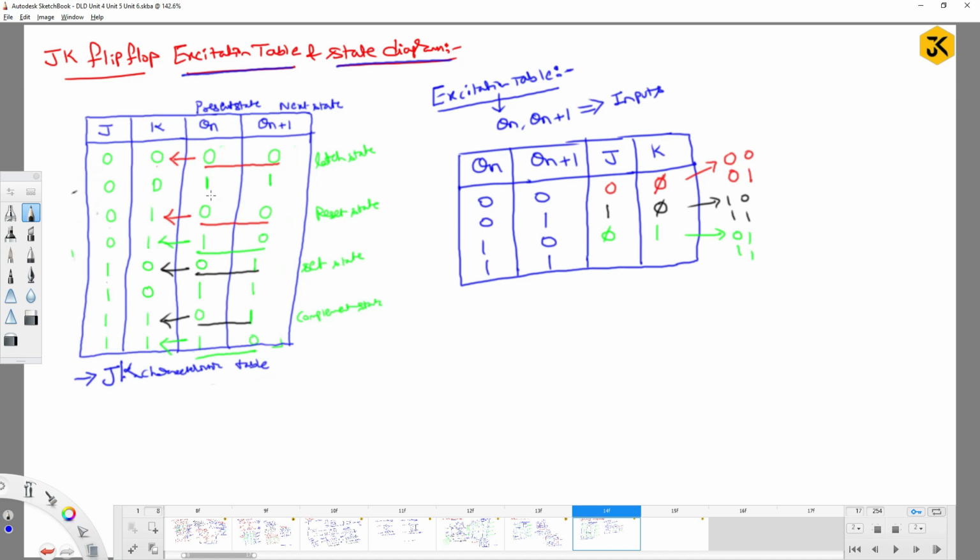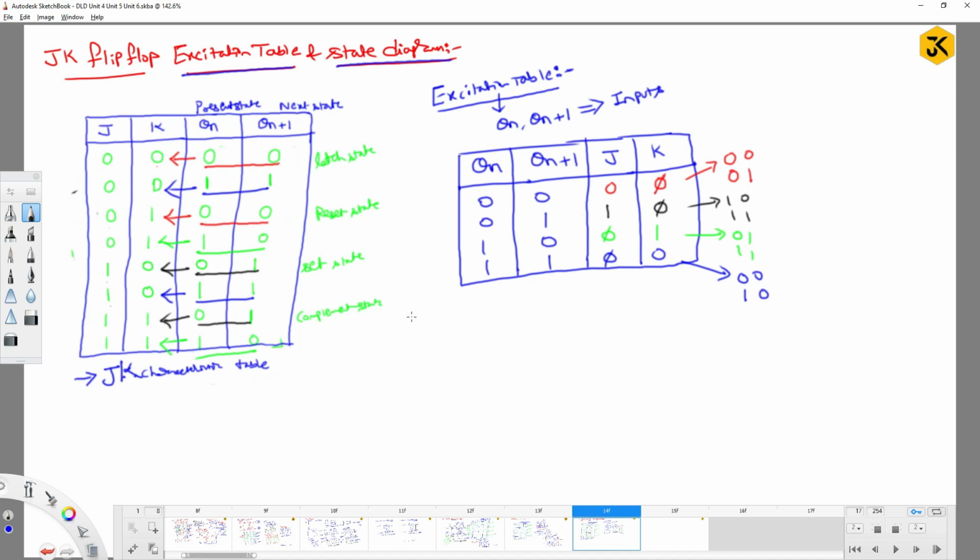When you have 1 1 as Qn and Qn+1, your J and K values are 0 0 and 1 0, so I can write don't care and 0. I can write this also as 0 0 or 1 0, right? If you observe, all the 8 values are derived, even when we reduce it to 4 levels, right? So this is the corresponding excitation table for the JK flip-flop, right?